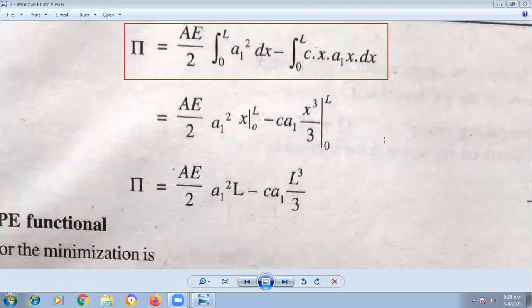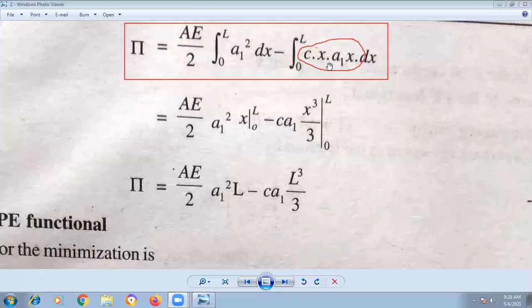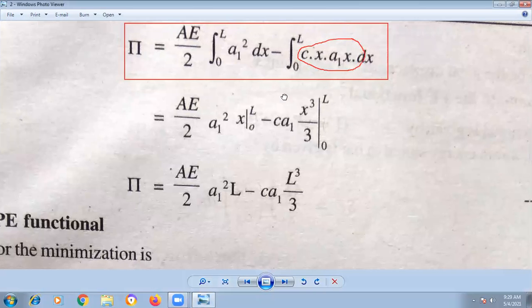Now again u is equal to A1 into x in the work potential term. In the work potential term it is c into x into A1 into x, right? Now this is nothing but A1, a constant term, into c into x square.